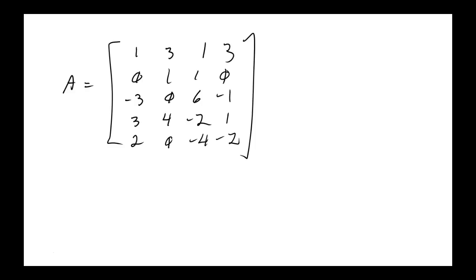Most people don't like to start. What do you do first? All right, so negative 3 row 1 plus row 4.